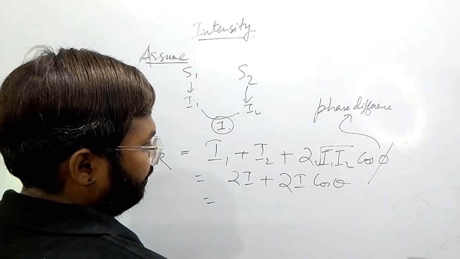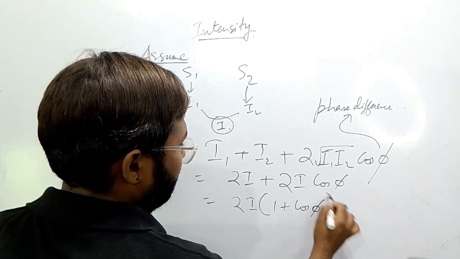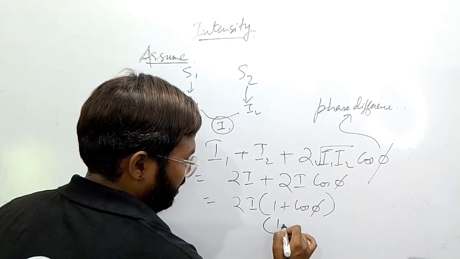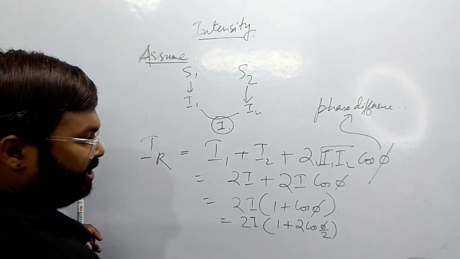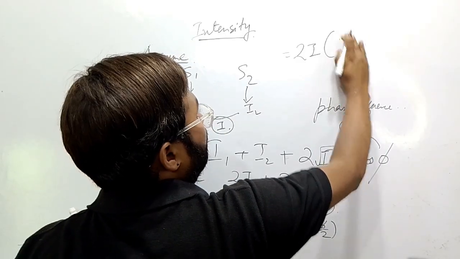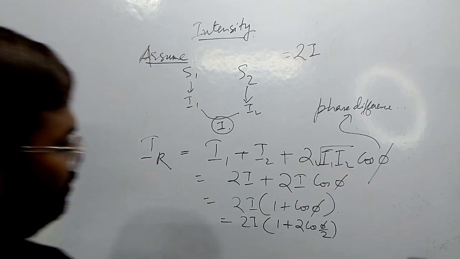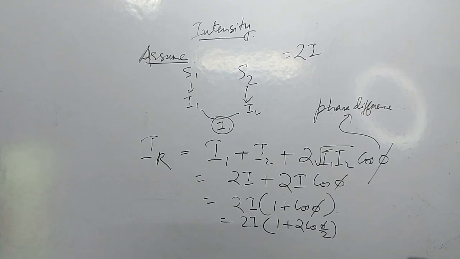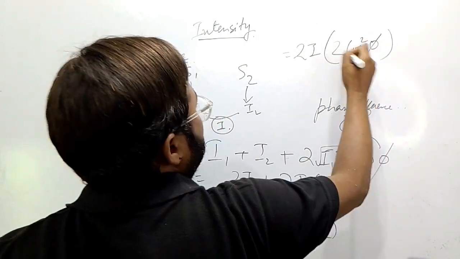You can take twice I common, 1 plus cos phi, and you can have this formula. 1 plus cos theta can be written as 2 cos square theta by 2. Got it?